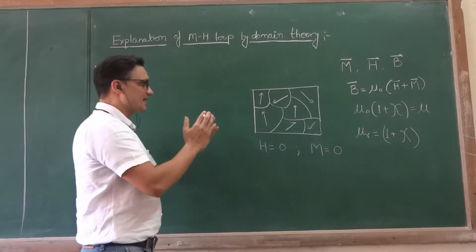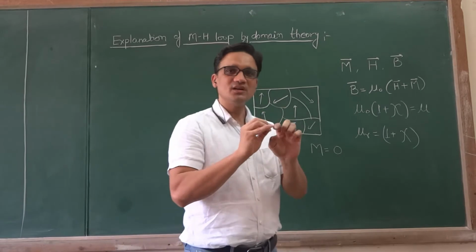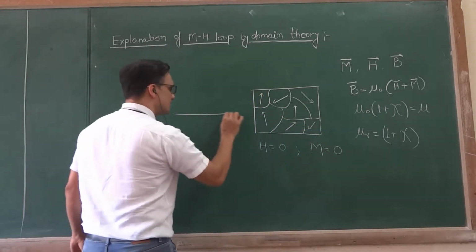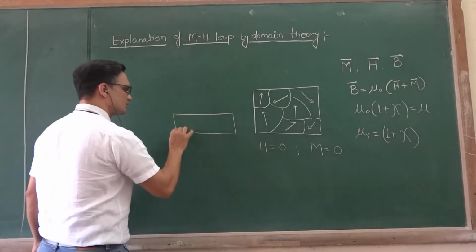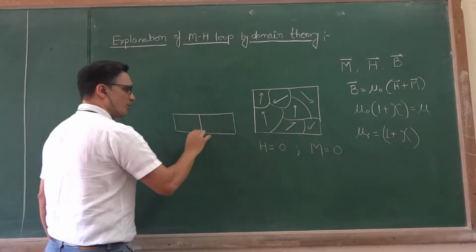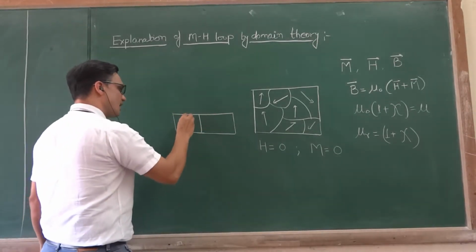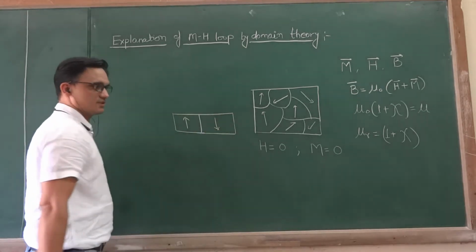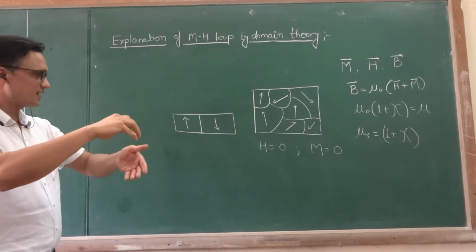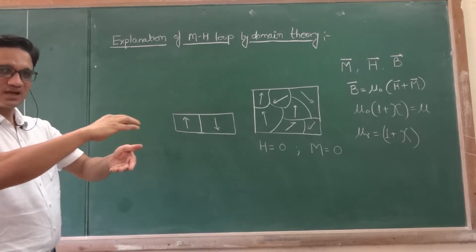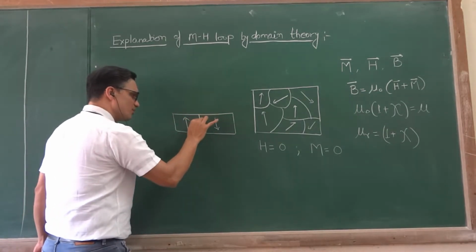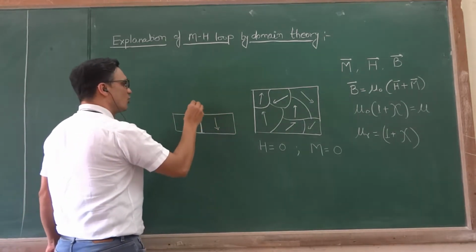So what is exactly happening at the region of the Bloch wall or domain wall? If I consider two domains, one aligned in this direction and the second aligned in the opposite direction, the magnetic moments in these two domains are aligned in opposite directions. There is a boundary between them, called the domain boundary.